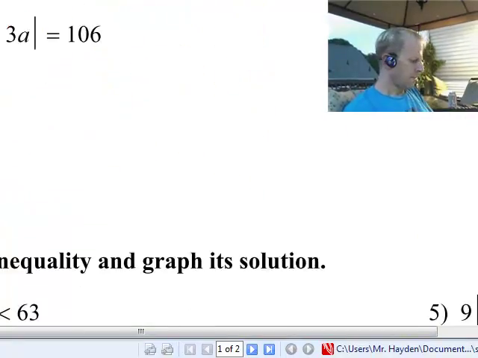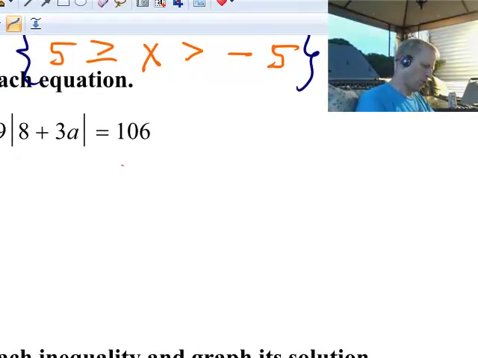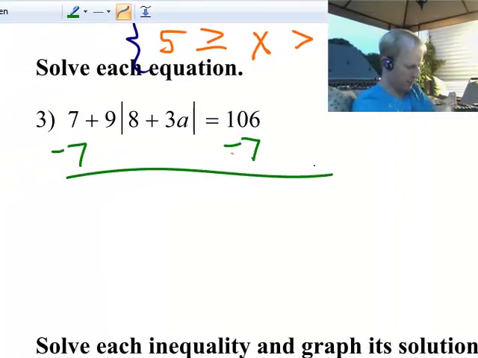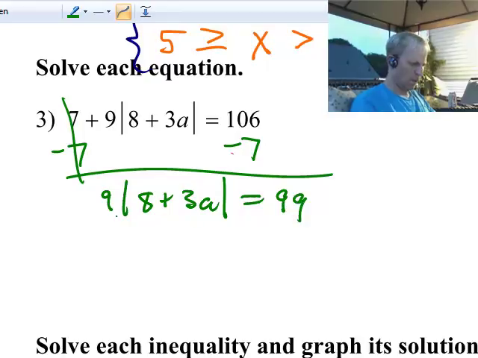Alright, now I have an absolute value equation to solve, which I always do by isolating the absolute value term on the left. So in this one it means I need to first move the 7 over. Then I'm going to divide by 9.